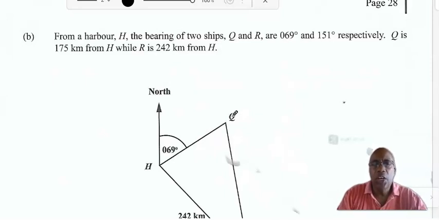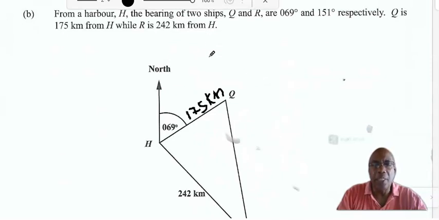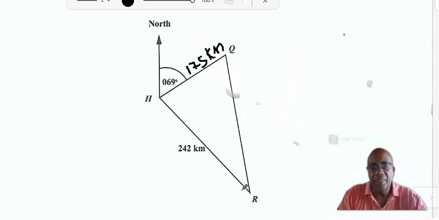Q is 175 kilometers from H, so I'll put the 175 kilometers right now, while R is 242 kilometers from H, and that is given.